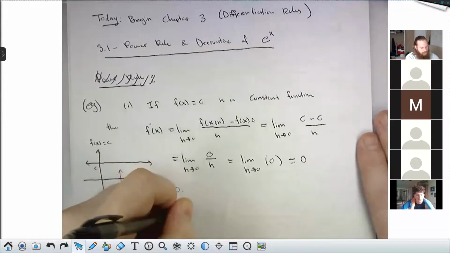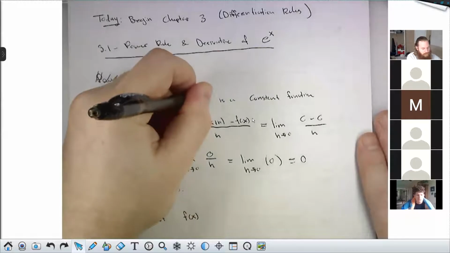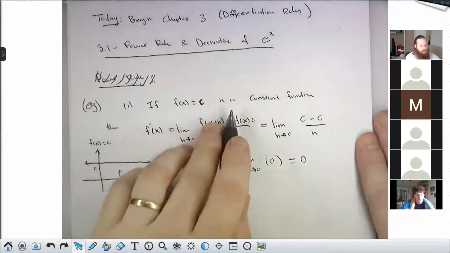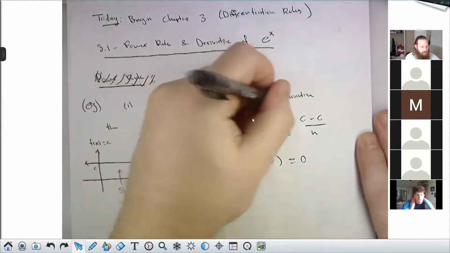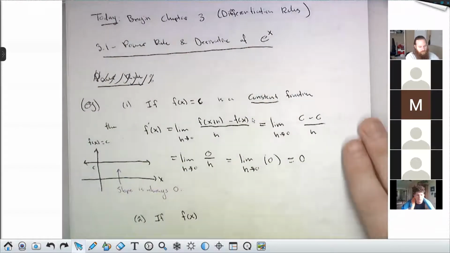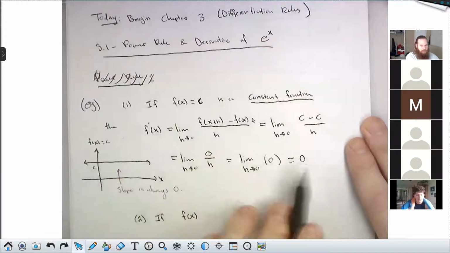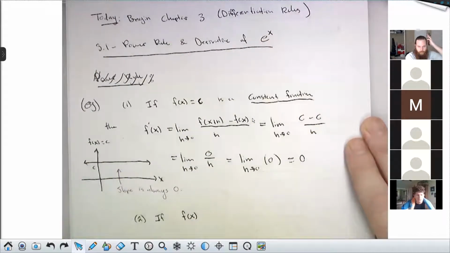Is that f of x equal to c or 0? C. If f of x equal to c is a constant function, so c is the constant here, then f primed is 0. So the derivative of the constant is 0.